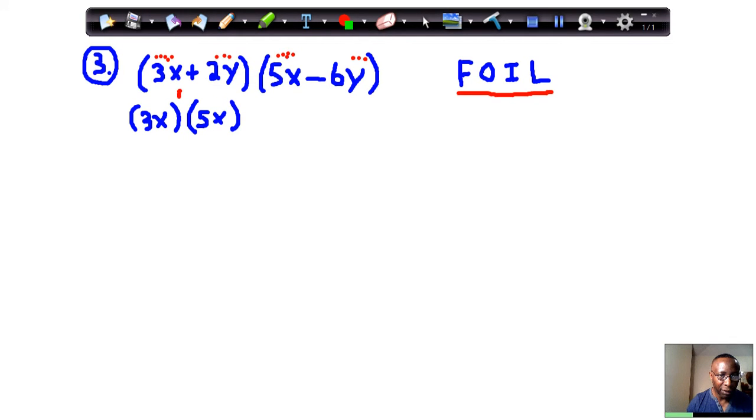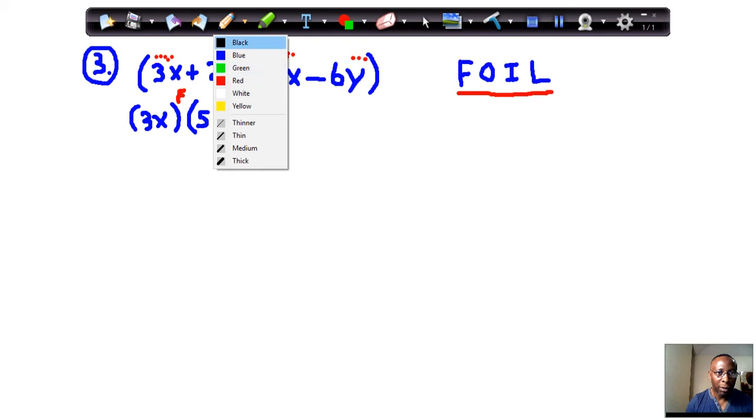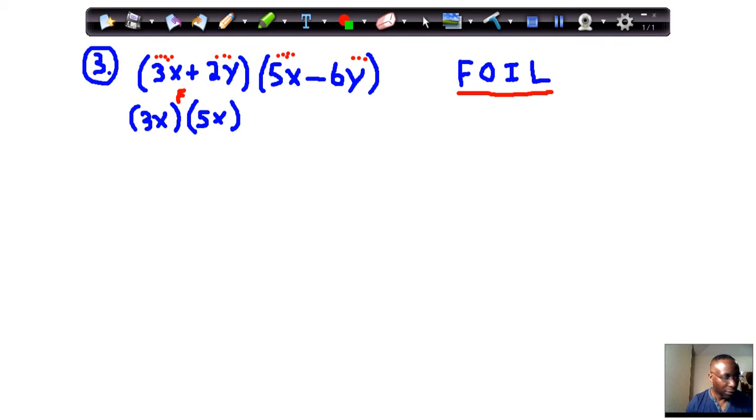It's my first. Okay. That's right. Okay, so then let's get our outer. And our outer is going to be 3x.